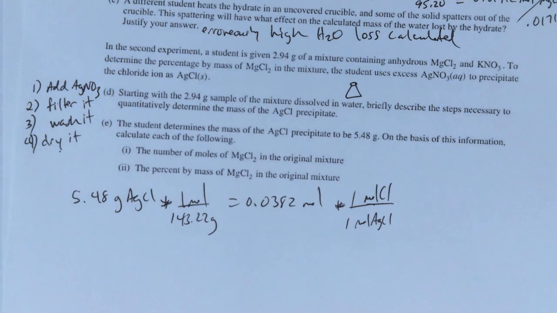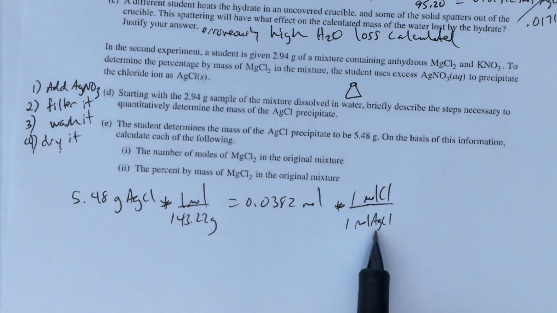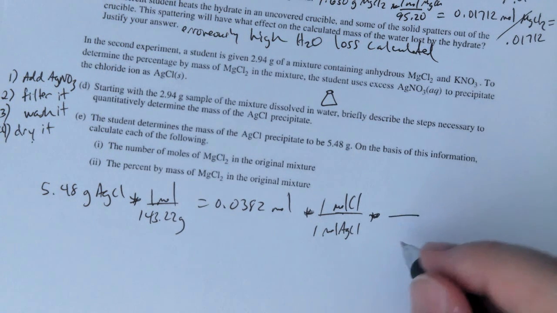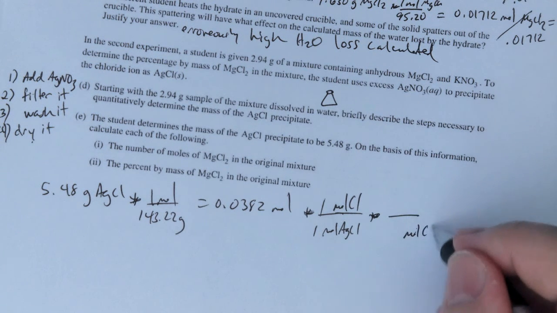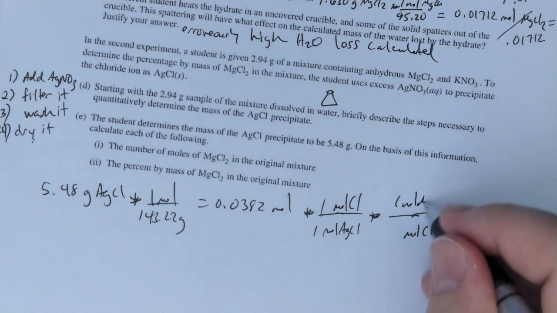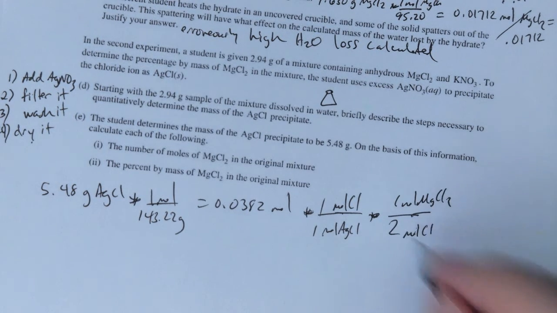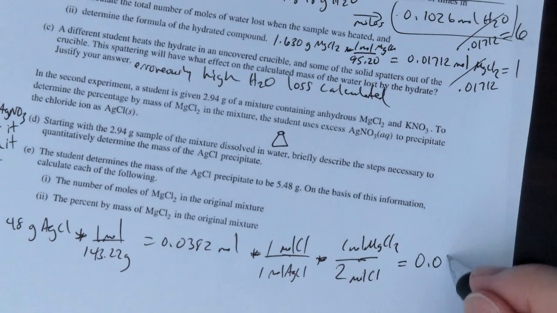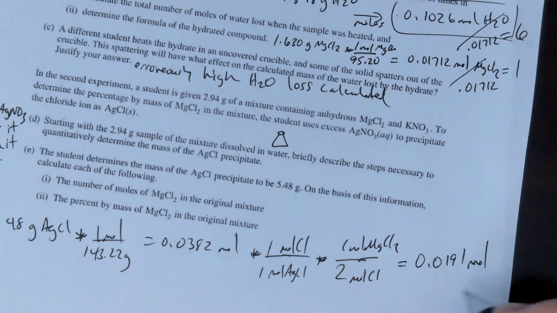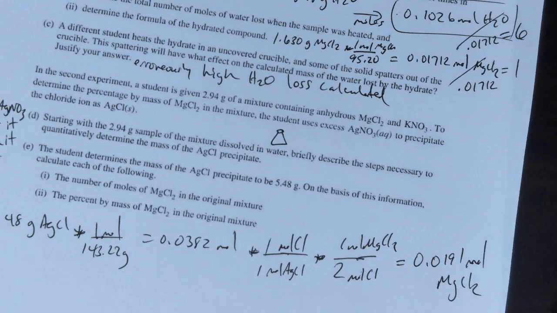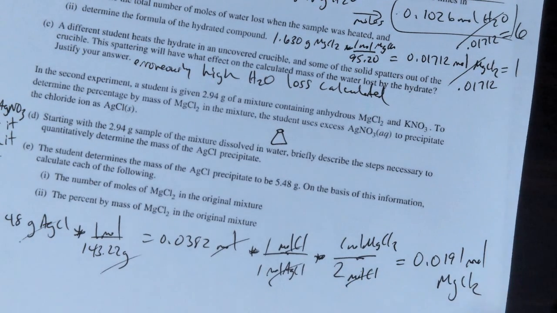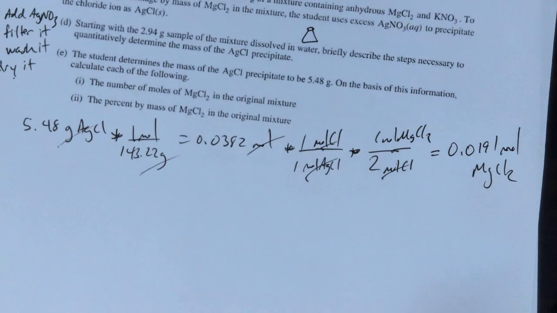So that's a compound stoich. That's the number of chlorides inside the formula AgCl. And then what I'm going to do is say, okay, well, how many chlorides are in 1 mole of magnesium chloride? And so that's a 1:2 ratio. And what that'll give us is the number of moles of magnesium chloride. So we just did big conversions from grams of AgCl all the way to moles of MgCl2.